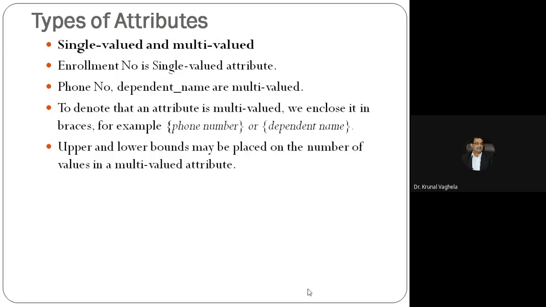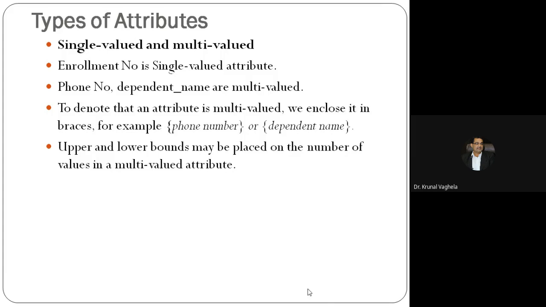Single valued and multi-valued. By the name you can understand, right? Single value means only one value is possible, like your passport number. Do you have two passport numbers at a time? No. So enrollment number, do you have two enrollment numbers? GR number?